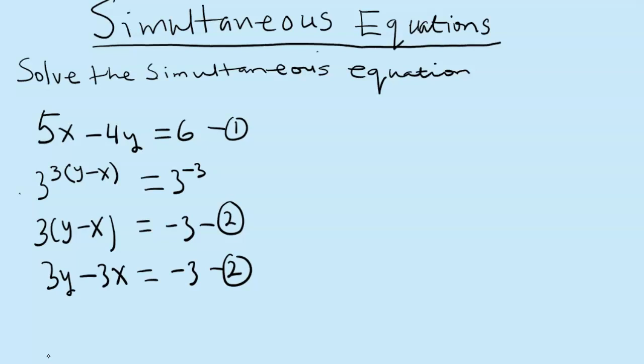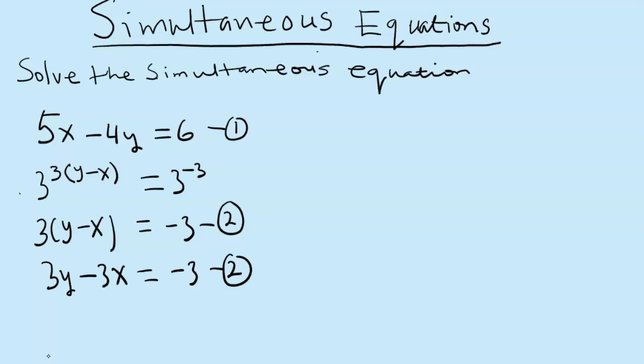Okay, so here we can use the elimination method. We have to target one of the variables that we want to eliminate. So let's target x. We are going to multiply equation 2 by 5 so that we will get -15x here, and then we will multiply equation 1 by 3 and we will get the same 15x here so that we are able to eliminate it.